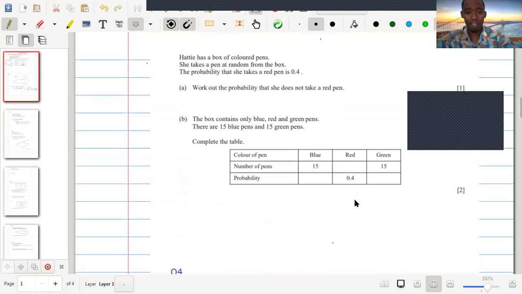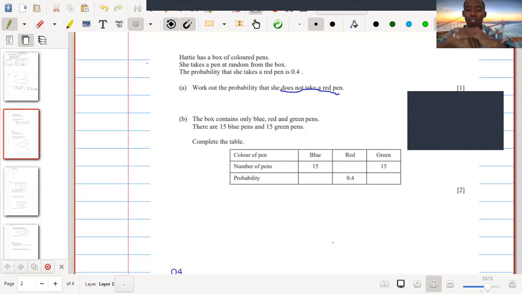The next question says, Kat has a box of colored pens. She takes a pen at random from the box. The probability that she takes a lead pen is 0.4. Work out the probability that she does not take a lead pen.